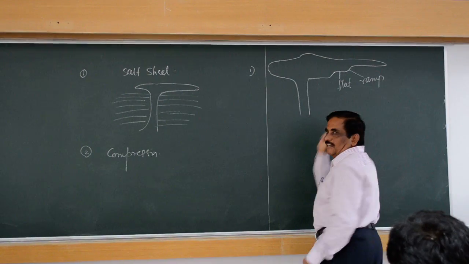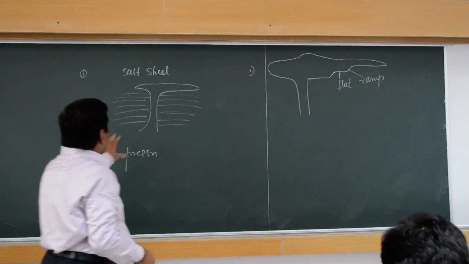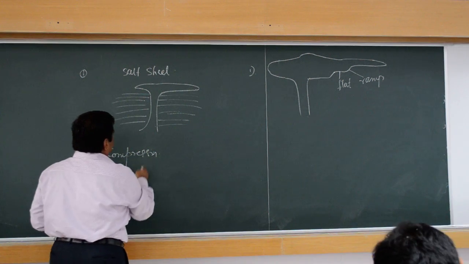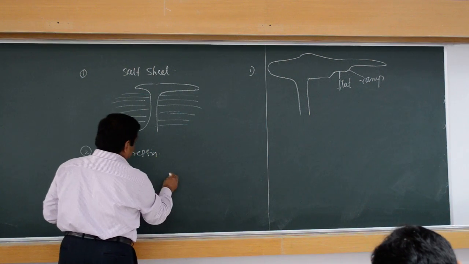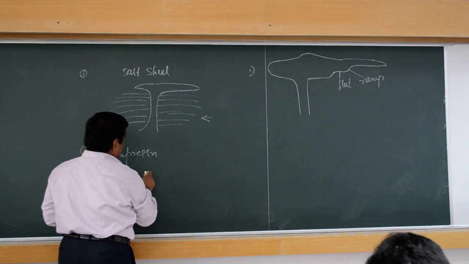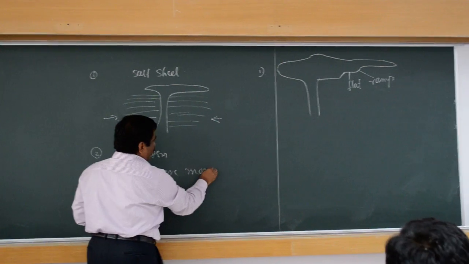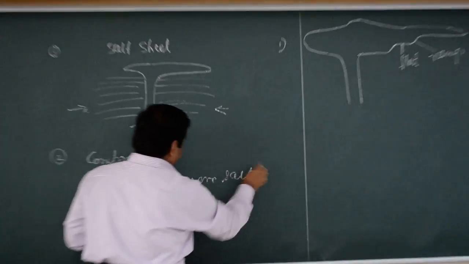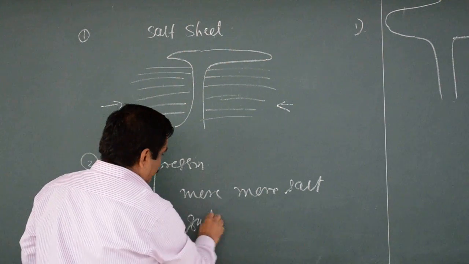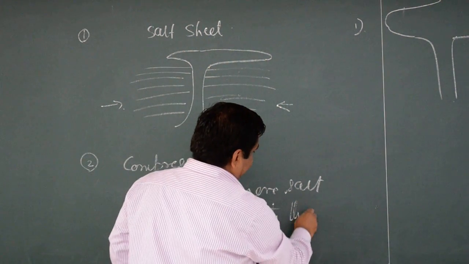After compression, sir? During compression. Once compression starts, this type of modification takes place. See, when the compression starts, what happens? More and more salt is supplied to the dipole.